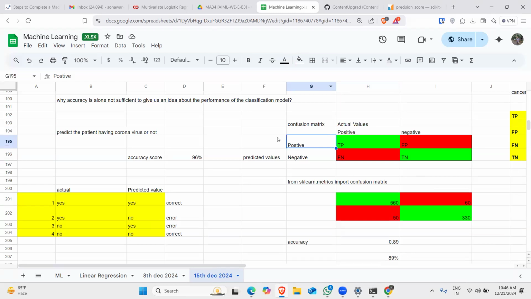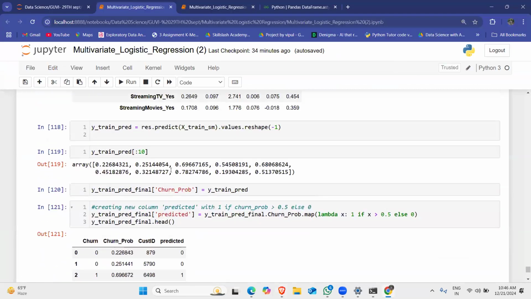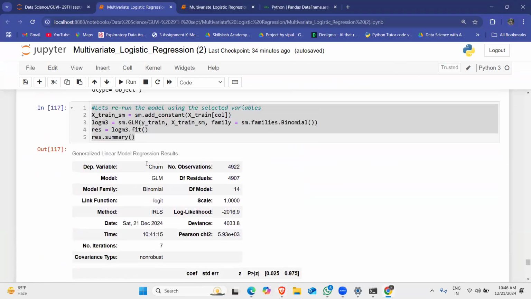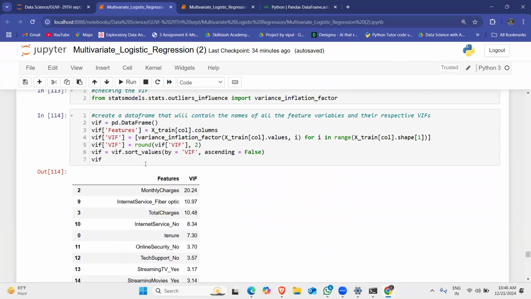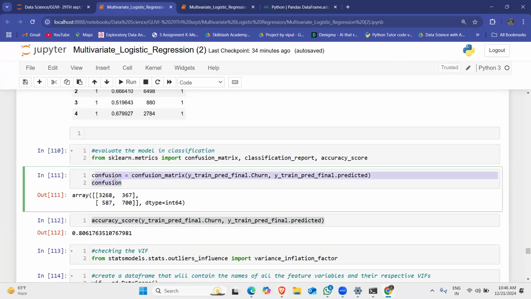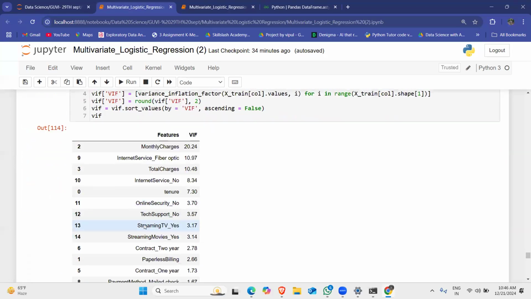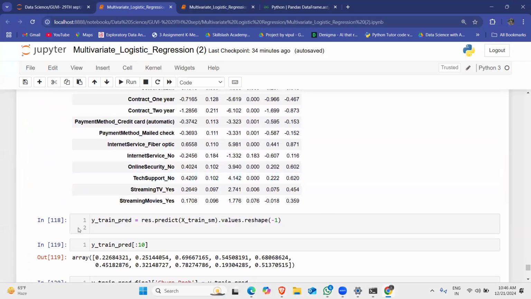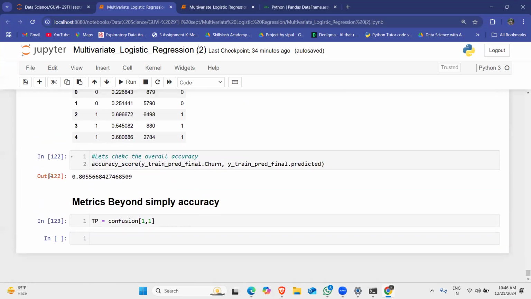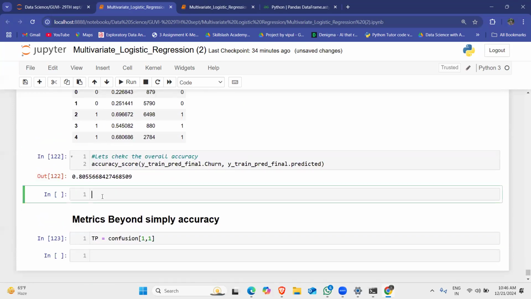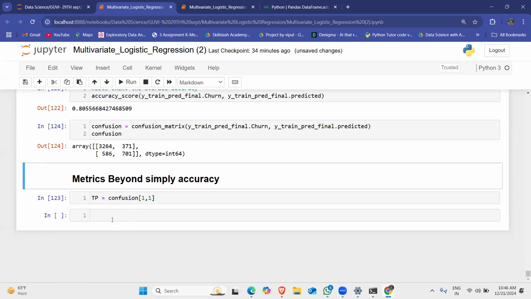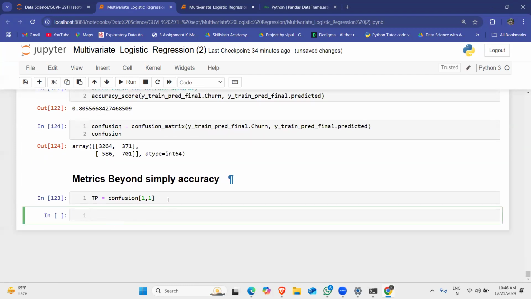In this confusion matrix that we have calculated earlier, I am interested to find the true positive rate, where both the columns are 1, 1, right? What about true negative?